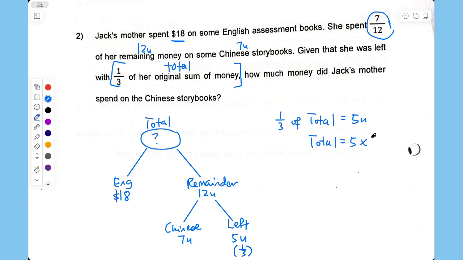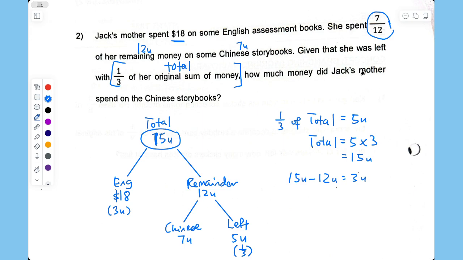That will be 5 times 3, and that's 15 units. So the total is 15 units. If 15 units is branched out to 12 units on the right side, the left side will be 3 units. Because 15 units minus 12 units is 3 units.